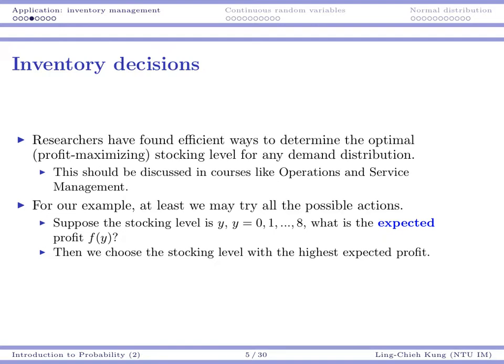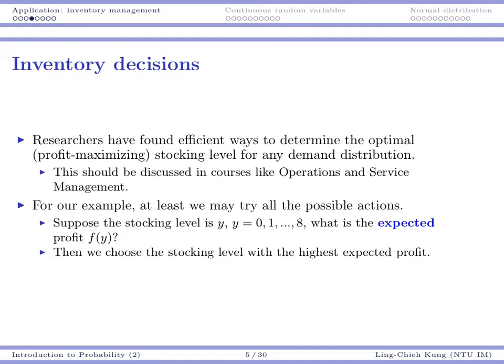Okay, but we are not there, so let's just use the stupidest way. How about we just try all the possible actions? We know demand may just be from 0, 1, 2 up to 8. So in total, we only have 9 possible ways to prepare our inventories.